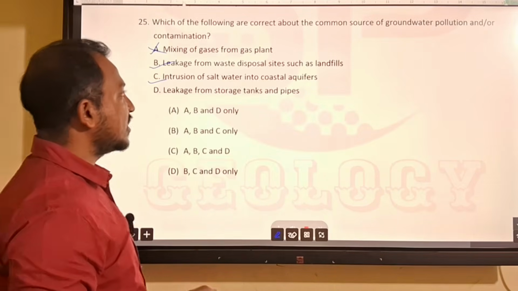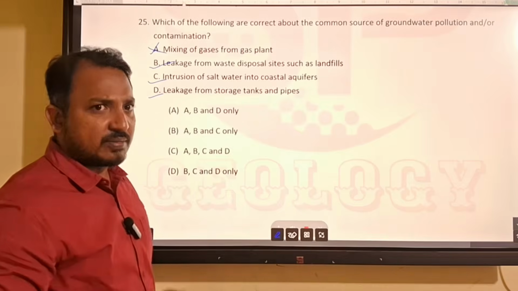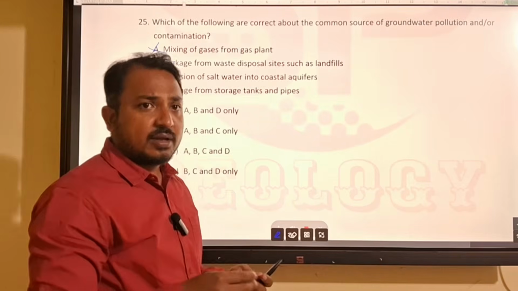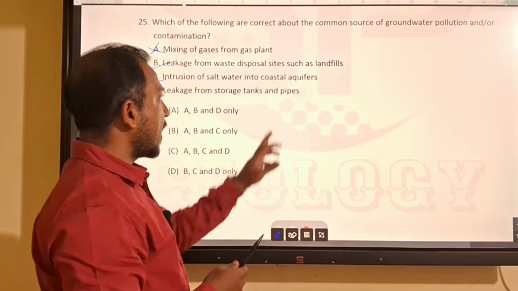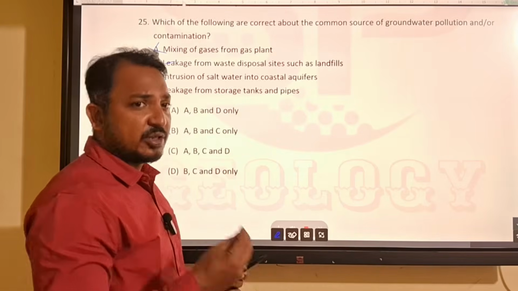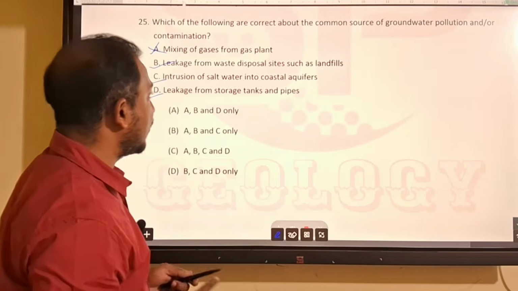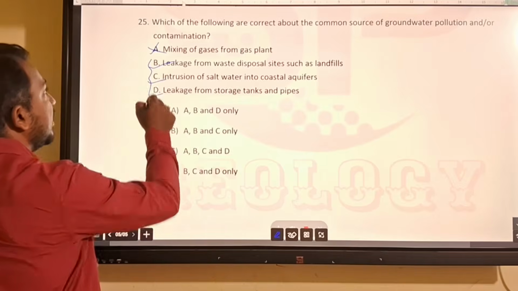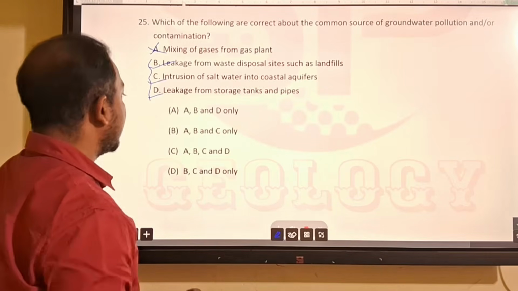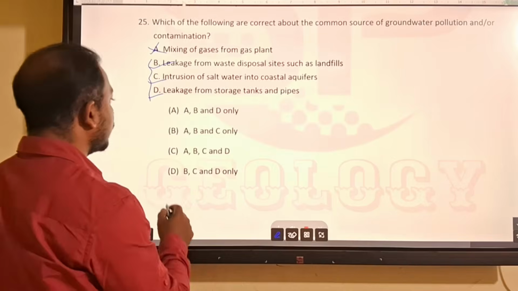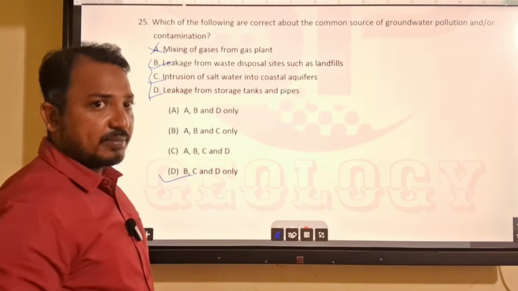Then leakage from storage tanks and pipes, any toxic chemicals leaking from pipes or sewage, can also affect the groundwater. So these three, B, C, D, affect groundwater pollution. So the answer will be B, C, D.